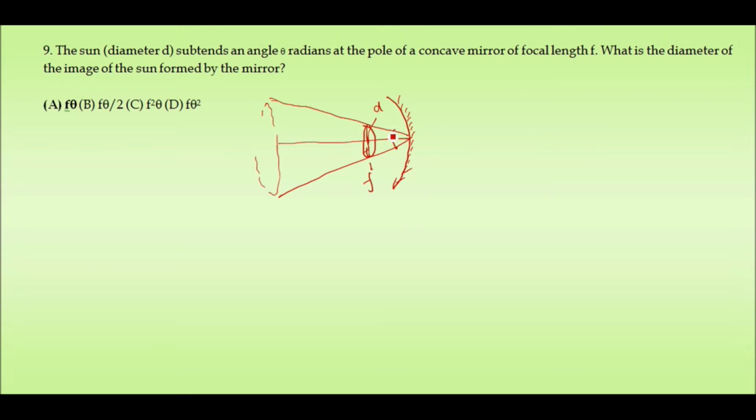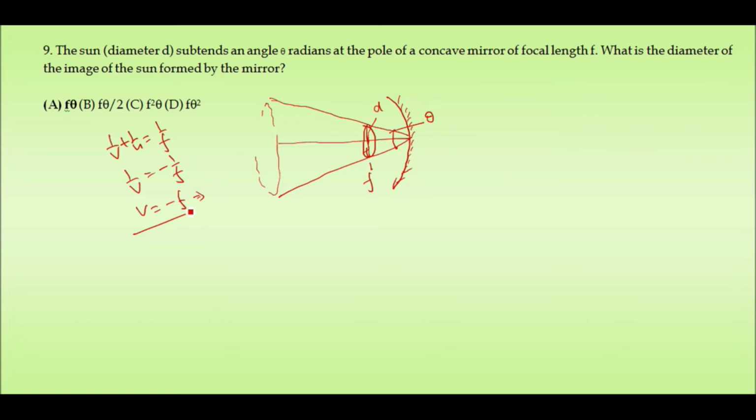Now this is the angle subtended by this light ray. So if I apply the mirror formula, 1 by v plus 1 by u is equal to 1 by f, u is infinity, we get 1 by v is equal to 1 by f, and v is f. So image is formed at the focal point.